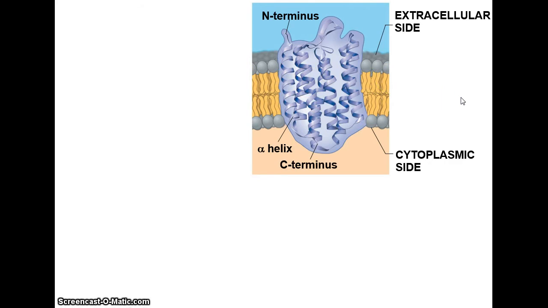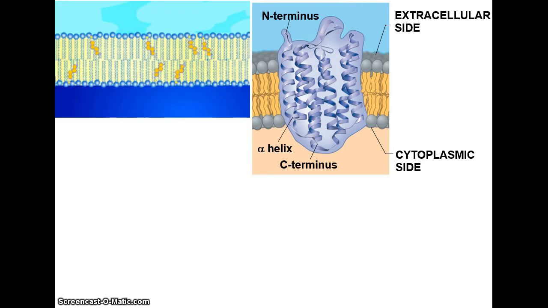So the reason they couldn't see the proteins in the original electron micrograph is because if the electron micrograph was staining, let's just say the phosphate part, it was staining the hydrophilic portions, then it would also have stained the hydrophilic parts of the protein that were sticking out, and it wouldn't have stained this part. So you wouldn't have been able to see the protein. It would have been invisible.